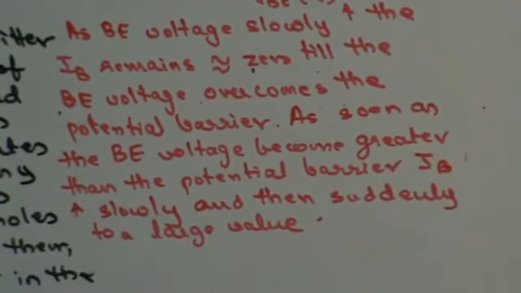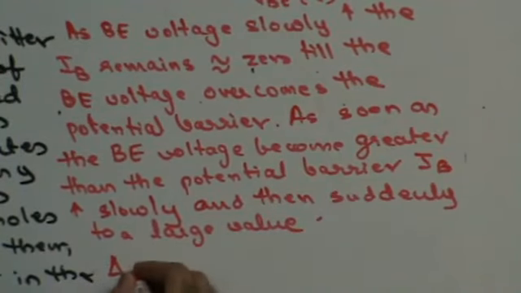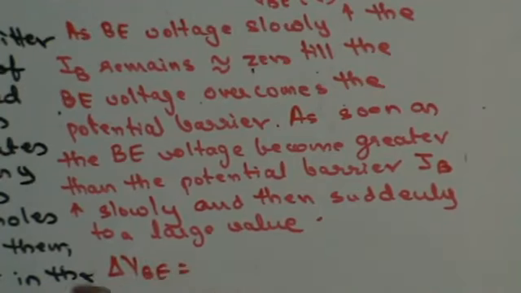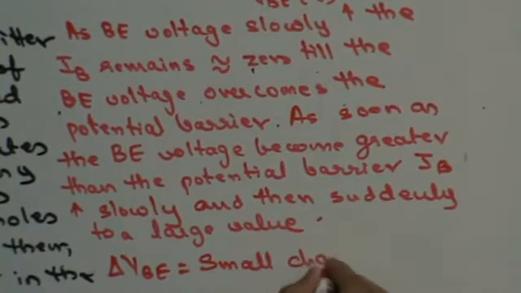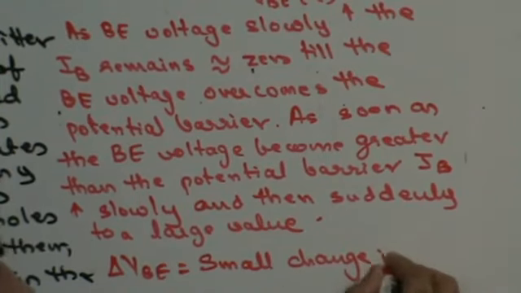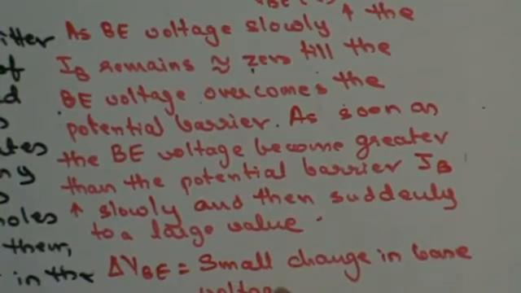Now let us assume that delta VBE is the small change in the base emitter voltage.